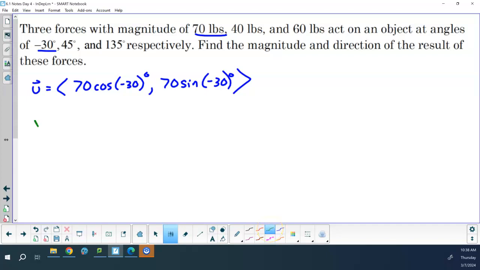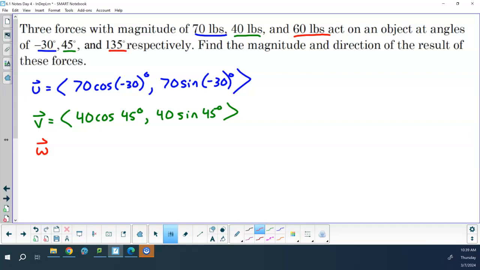Vector v would have a magnitude of 40 and a direction of 45. All right, let's go vector w.